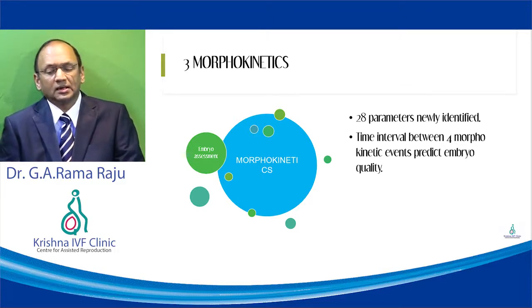So, when you look at the timeline parameters at the fertilization point, you see the polar body emission, the appearance and the disappearance of the pronuclei, the halo appearance, then the disappearance of the halo, then the pronuclear breakdown and the cleavage.